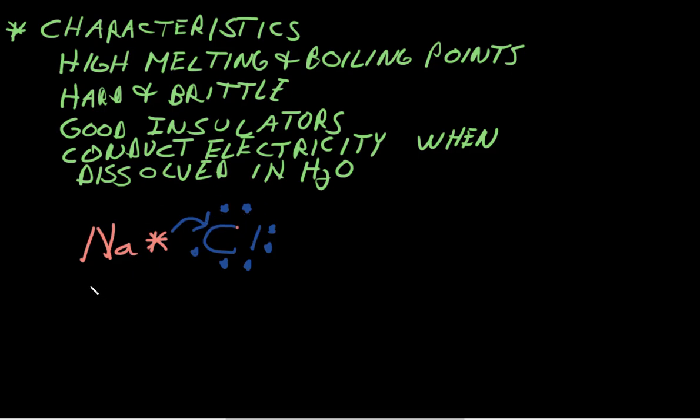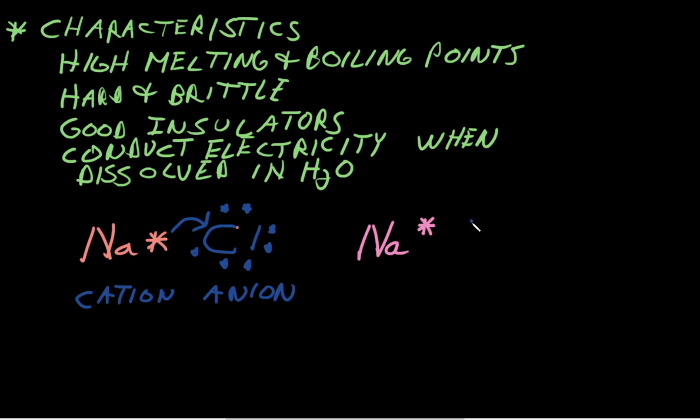Sodium's going to become a cation, and the chlorine is going to gain an electron, so it's going to become an anion. So if we look at this, we have sodium, and it has its one electron that's going to be transferred over into the outermost energy level of the chlorine ion.